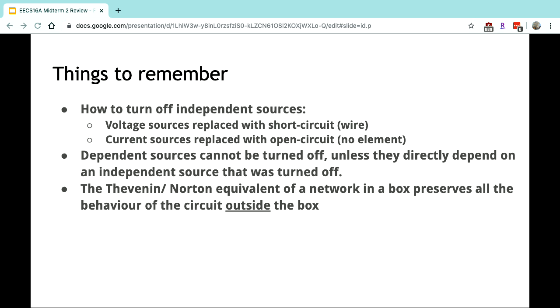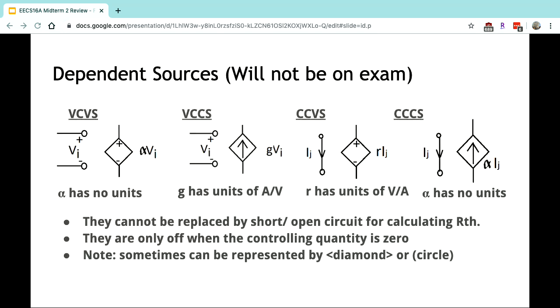So here, there's a slide about dependent sources, and I'll cover this real quick. In particular, they're not on the exam. Professor Boser noted this in one of the Piazza posts, I think, on the midterm scope page. So if you want to know, then you can look at that follow-up. But essentially, dependent sources are any source that depends on some other quantity in the circuit, so either voltage or current.